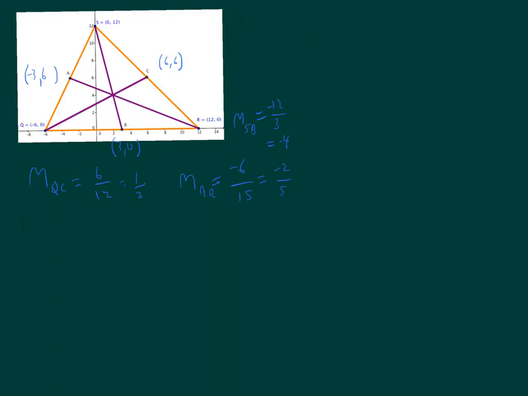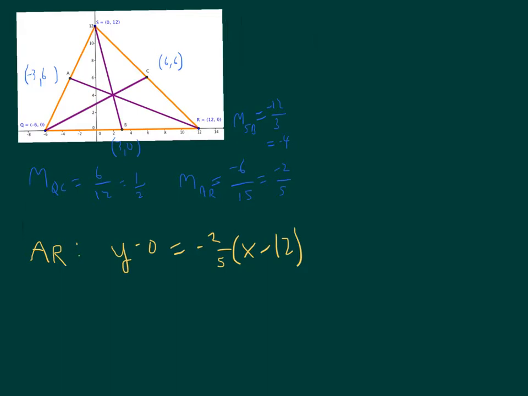So AR, the equation for AR is going to be y minus 0 is equal to -2/5 times x minus 12.